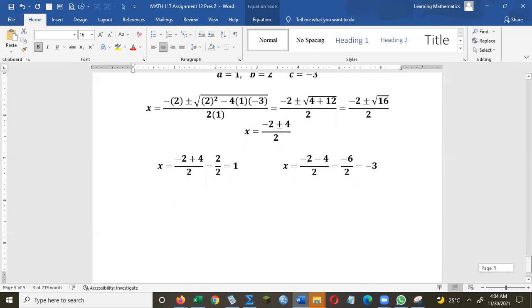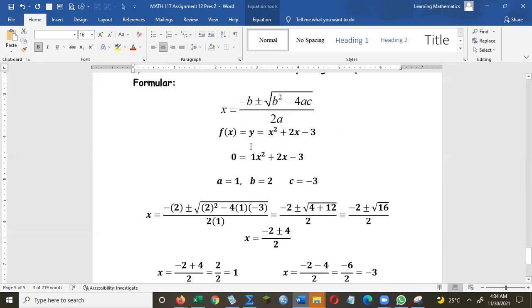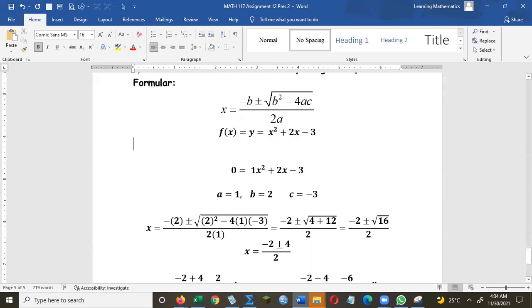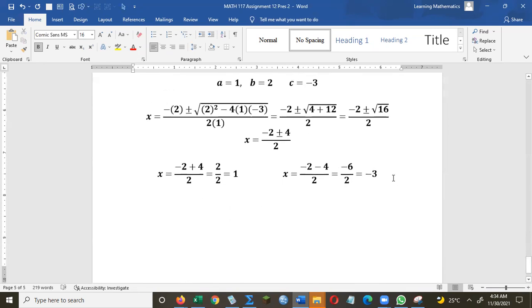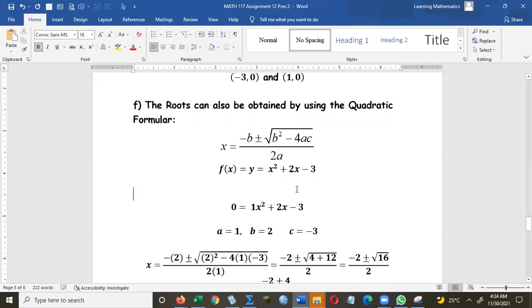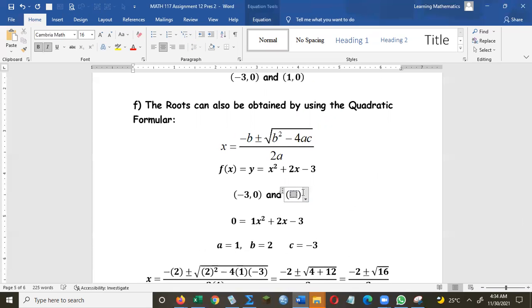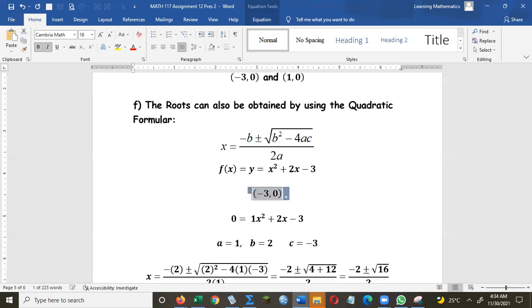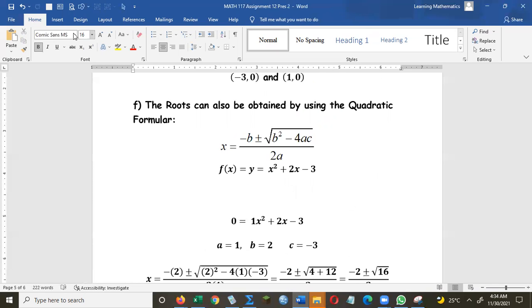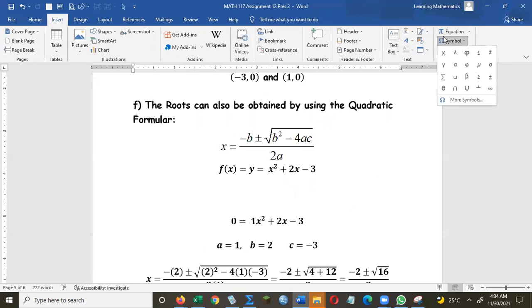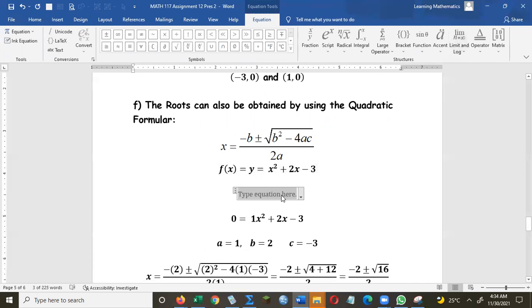When we made y 0, you have to make y 0 for you to find the roots. Let me write it down there and paste those roots there. Just to remind you all, to find the roots, y has to be equal to 0.